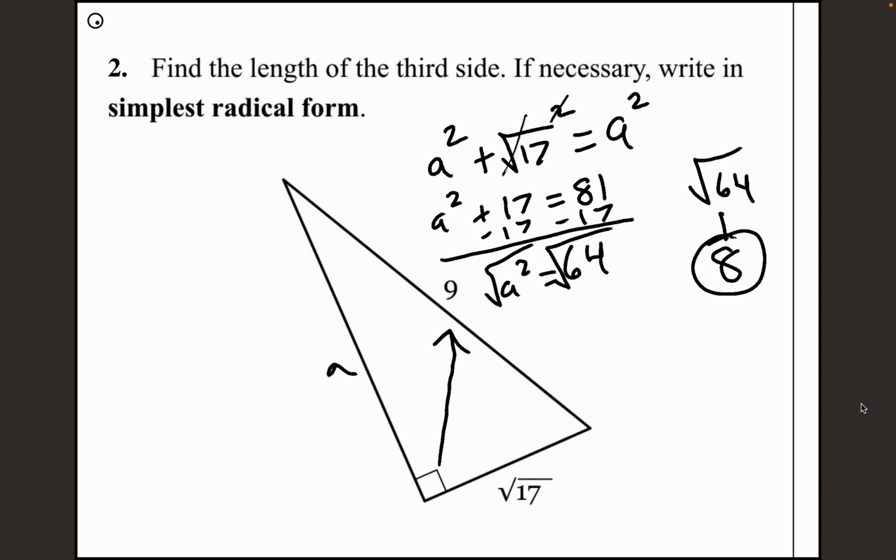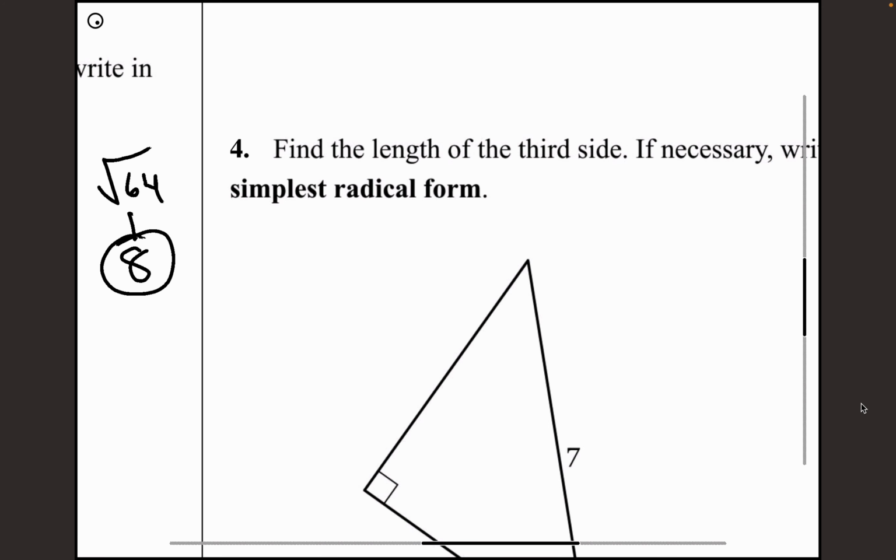So in this case, our job's pretty easy. A is just going to equal 8, and that is our missing side. So you do not need any square root on this answer. Okay, perfect. Let's go ahead and move to the next question.